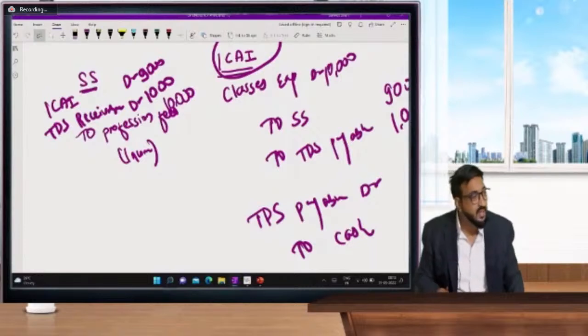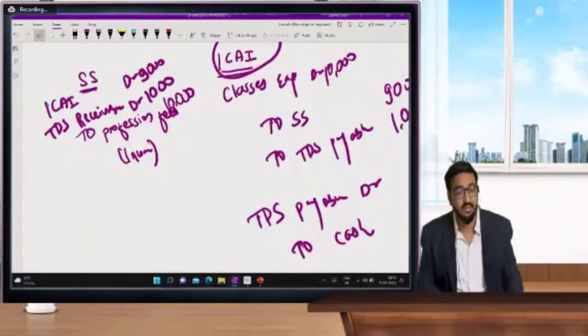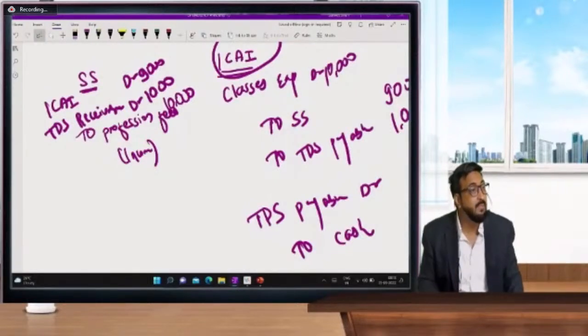Who is deducting tax? And whose tax? Sanket sir. For whom it is payable? ICI. To whom ICI will pay? Income tax. And to Sanket sir, out of 10,000, Sanket sir को कितना मिलेगा? 9,000.